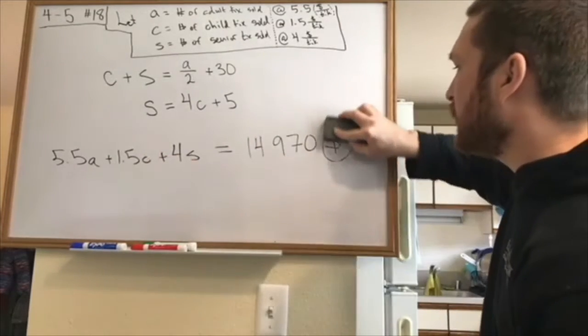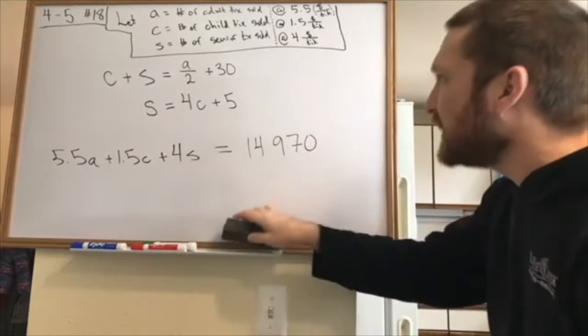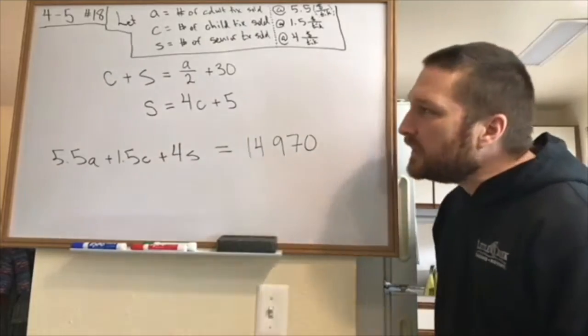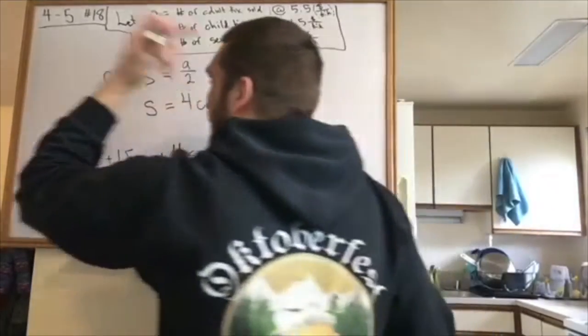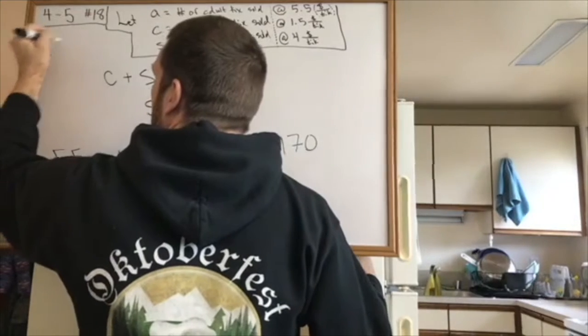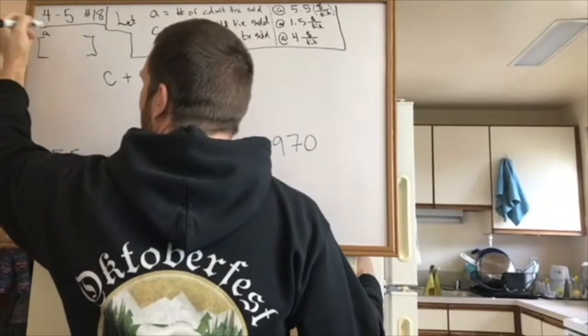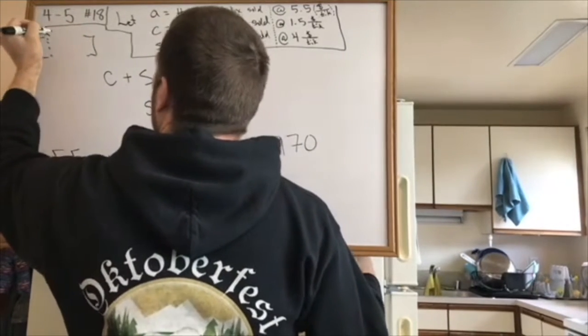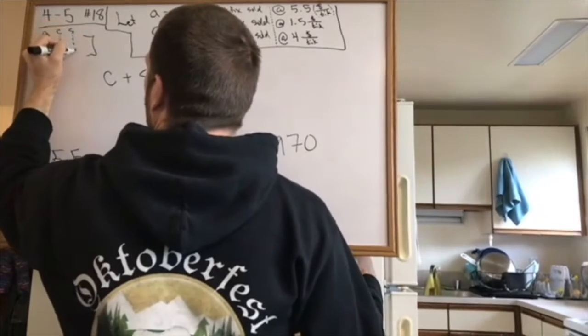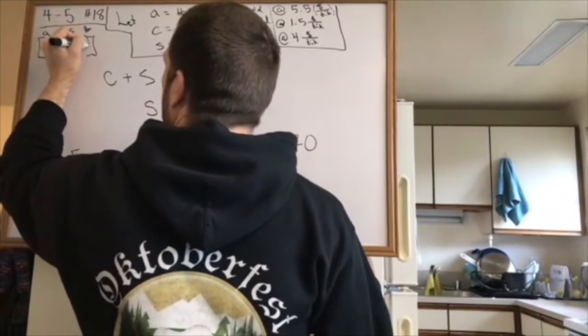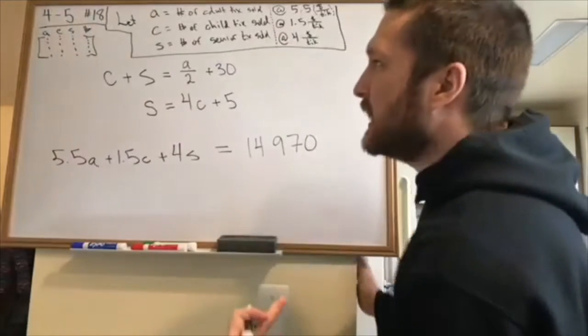Okay. 3 equations, 3 unknowns. And so what I'm going to do then is I'm going to go ahead and think in my head, I want to set up my matrix so that I have A's in the first column, I have C's in the second column, I have my S's in the third column, and then I have my pure numbers, my constants, in the last column.